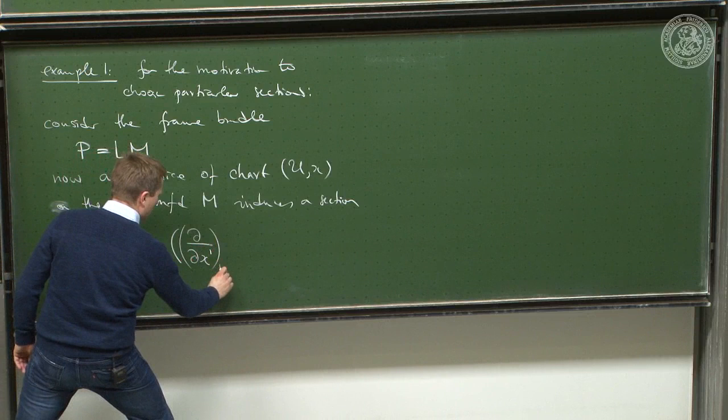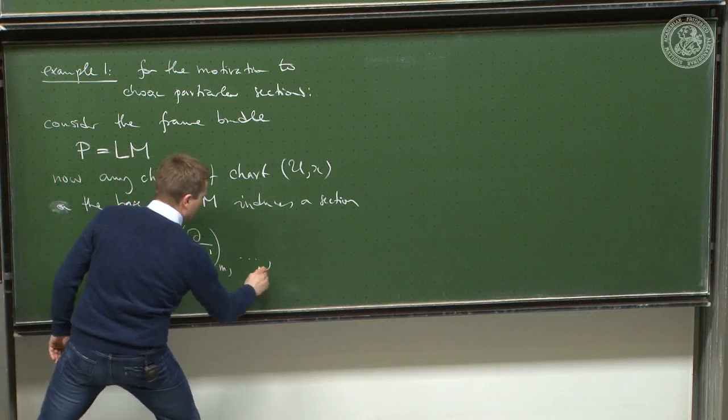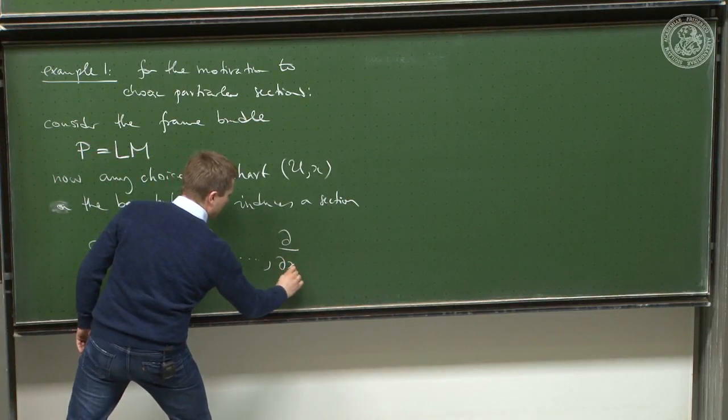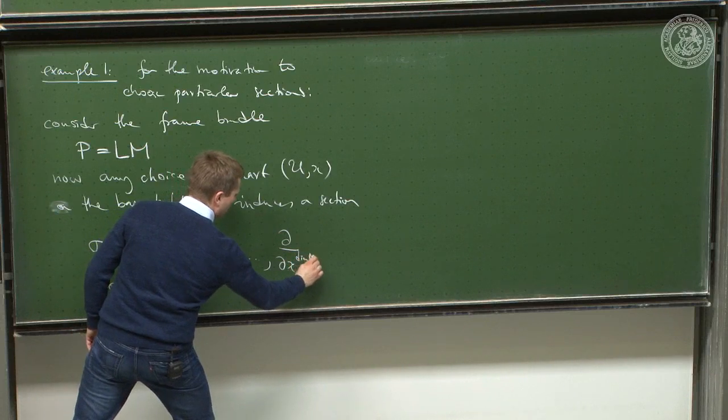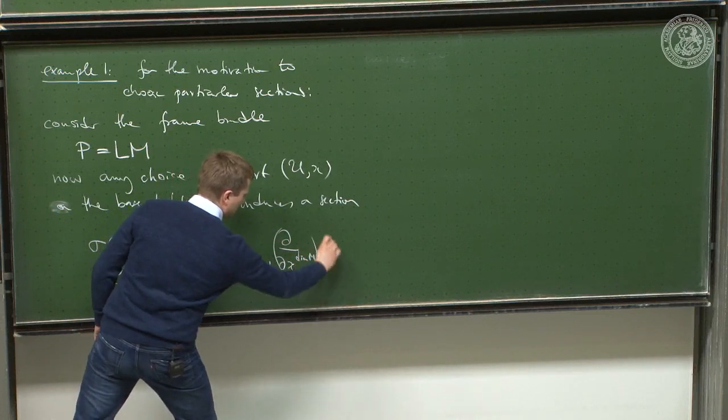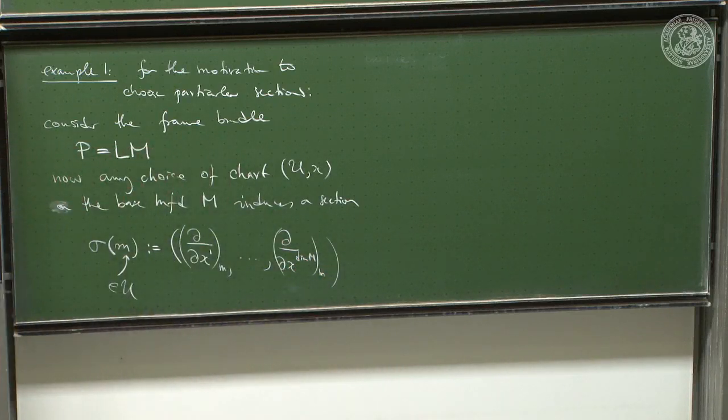So d by dx1 at the point M up to d by dx dim M at the point M. This is a frame. So you go to a point in the base manifold that's covered by some chart domain.